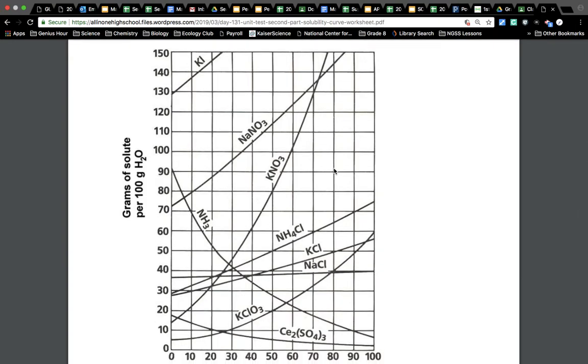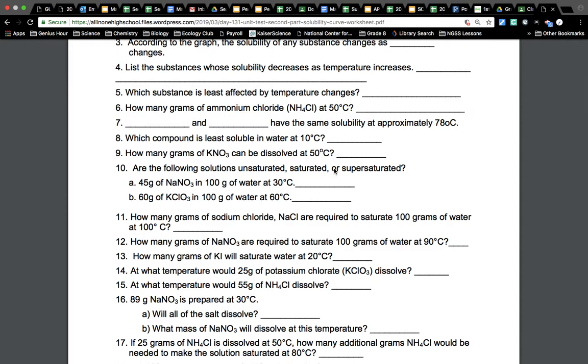Yeah, there's still a lot there that can still dissolve. Yeah, I think that's about right.